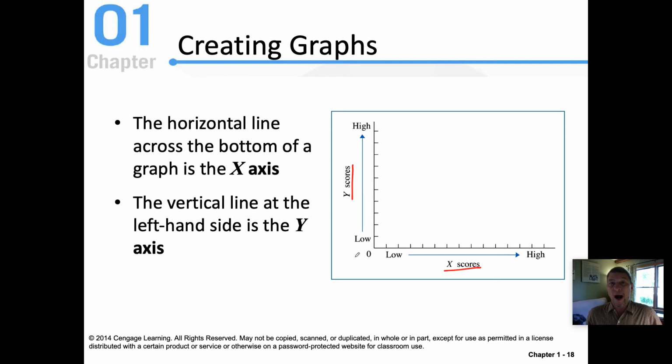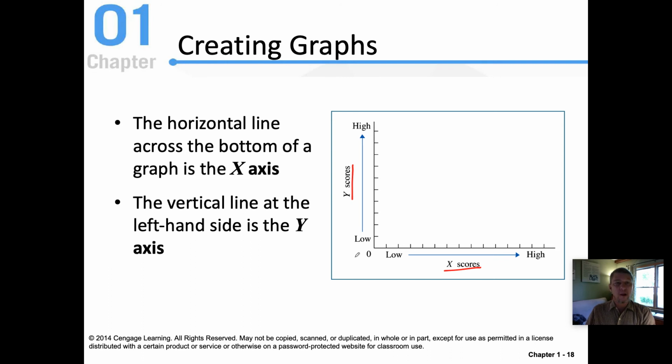In other words, Y depends on X. So we pick an X and we figure out what its Y is. So the X scores are the independent variables. The Y scores are dependent on the X variables, if that makes any sense at all. And I think hopefully it should.